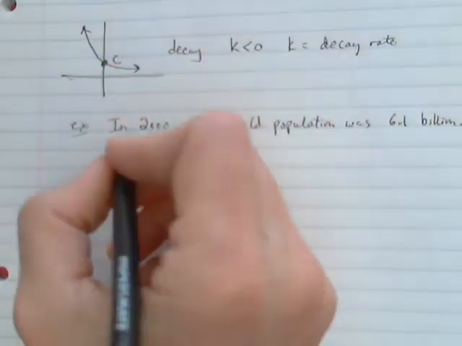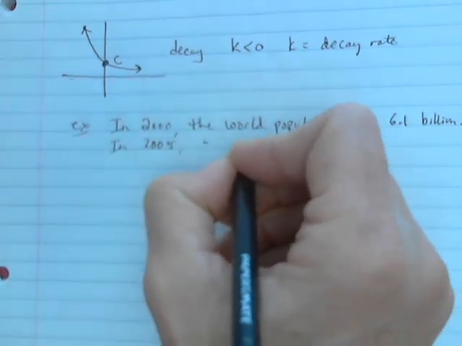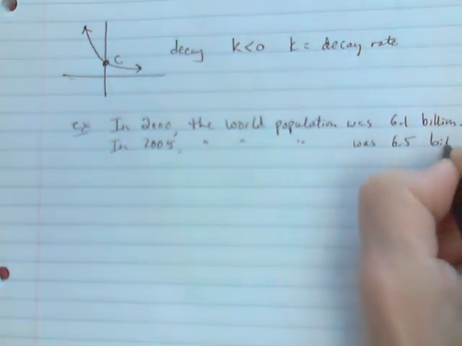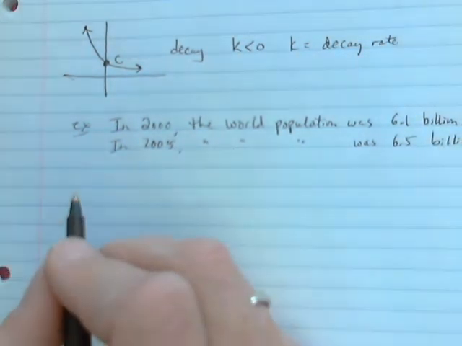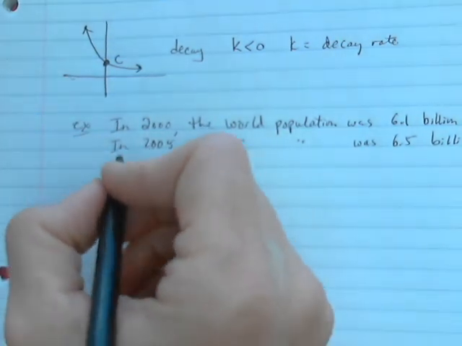In 2005, the world population was 6.5 billion. What we're going to do is find the annual growth rate and determine the year when the population will reach 9 billion.